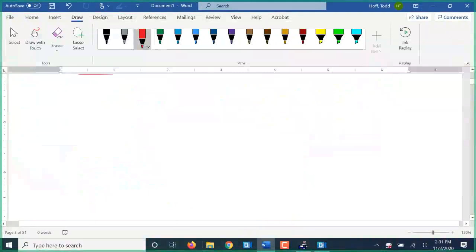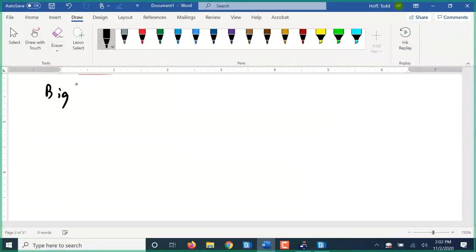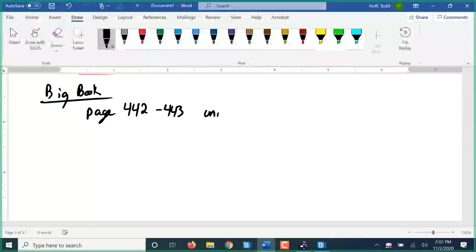So for our first hour here, I got a little homework for you. This is all out of the big book. Page 442, 443, the unit exercises, 1 through 71, the odds.